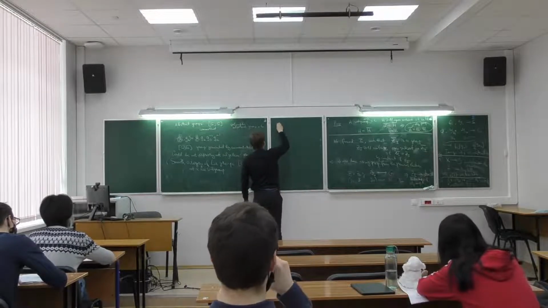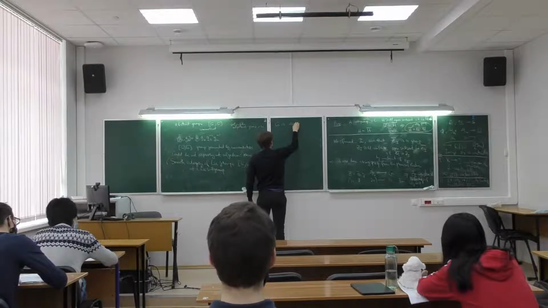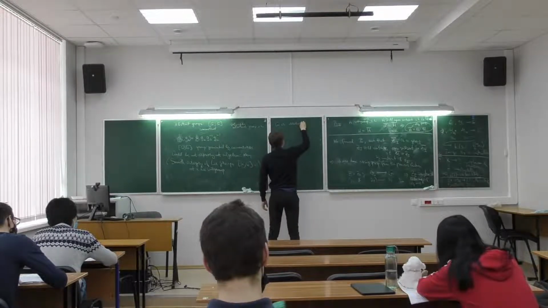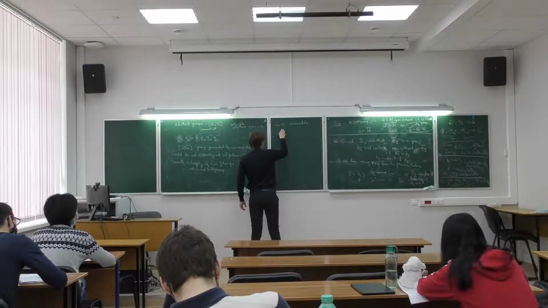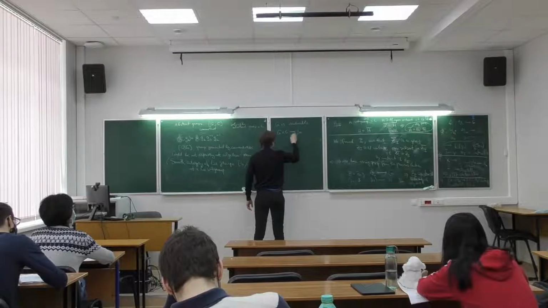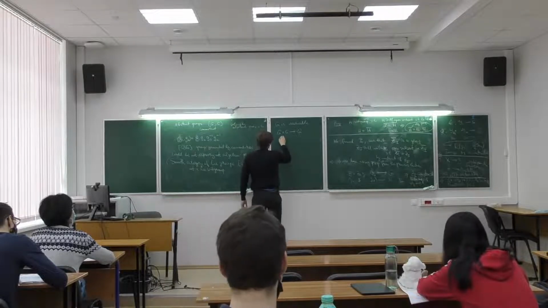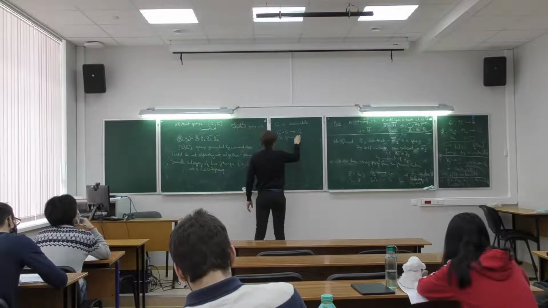Suppose that G is connected, so it is reducible as a variety. Then you have the commutator map to G, which is just writing down our commutator.